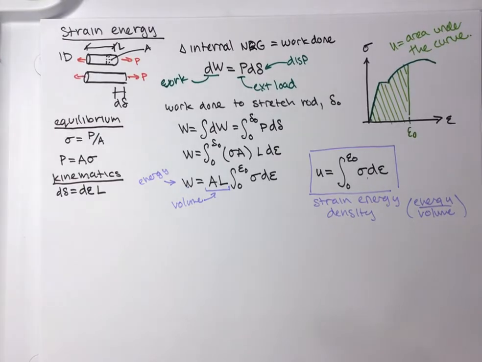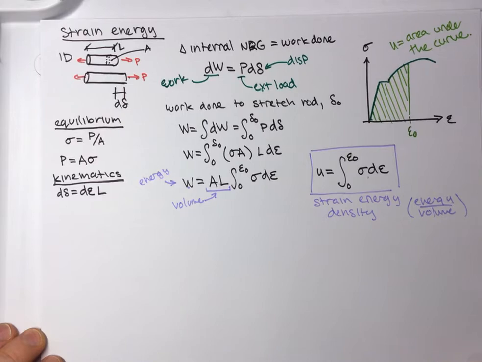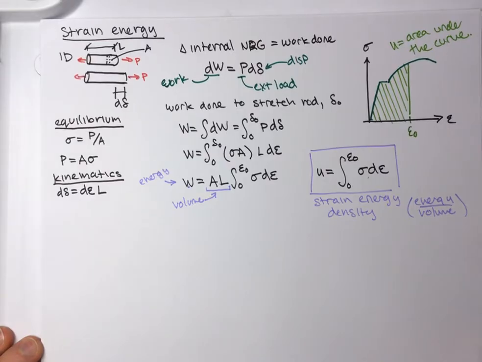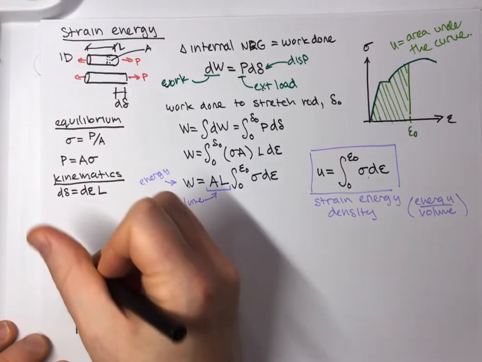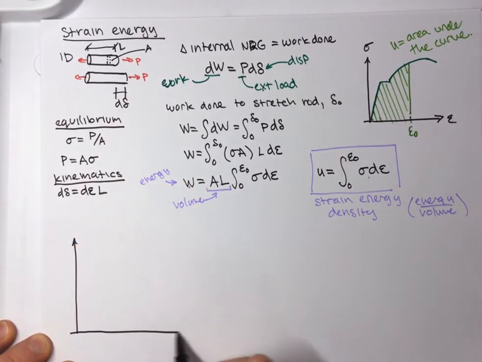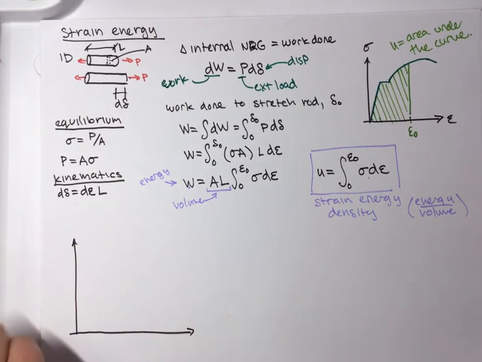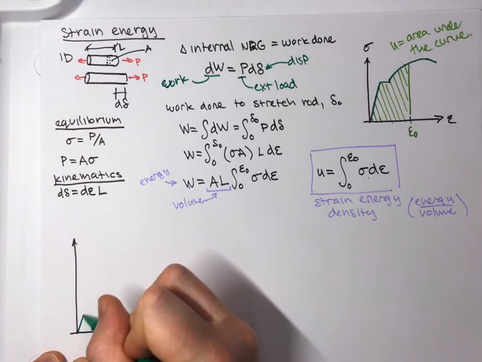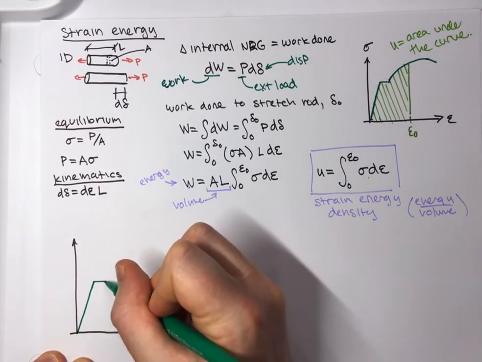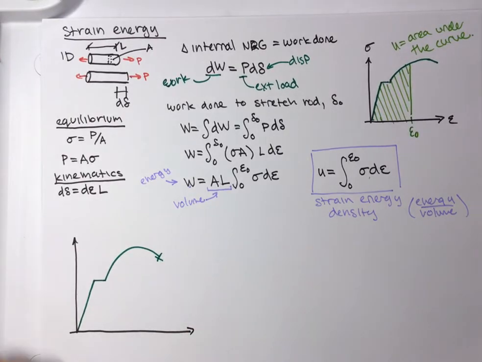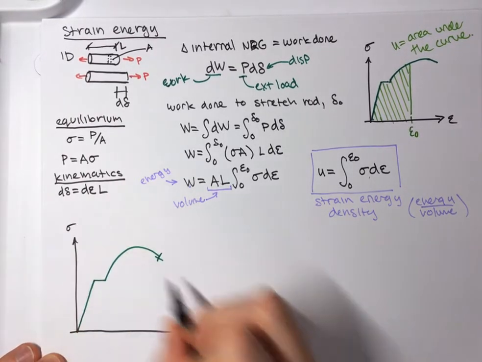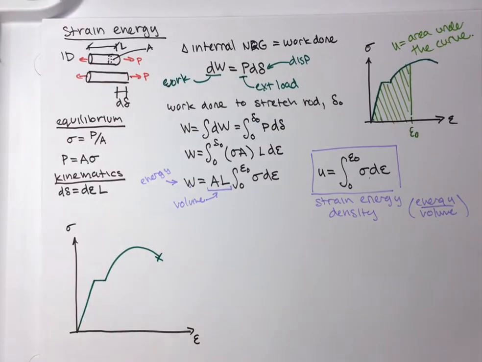And so now there's a couple of different areas that we might be interested in characterizing for different materials. The first one, we'll draw down here. We're going to use our same example for steel. We're going to have a curve that looks something like this, and we have stress on this axis and strain on that axis.